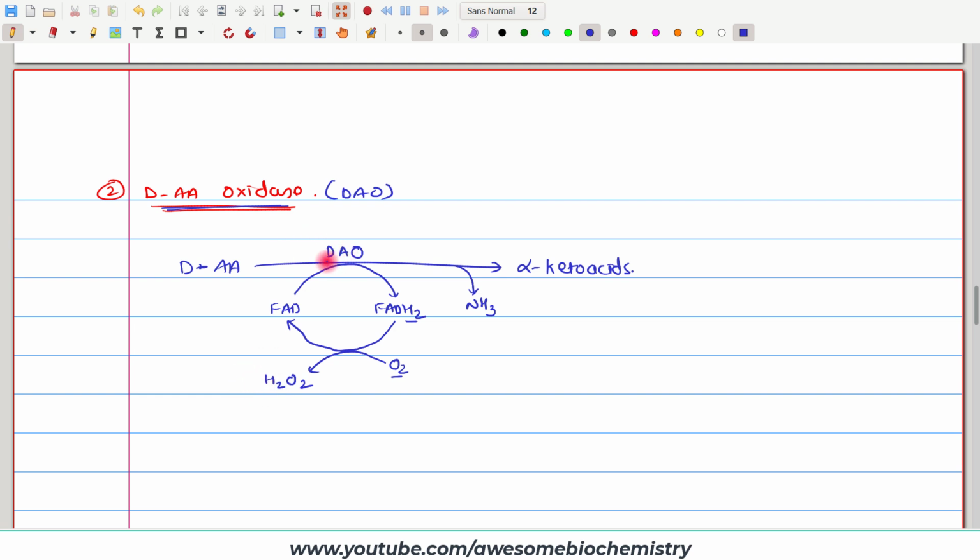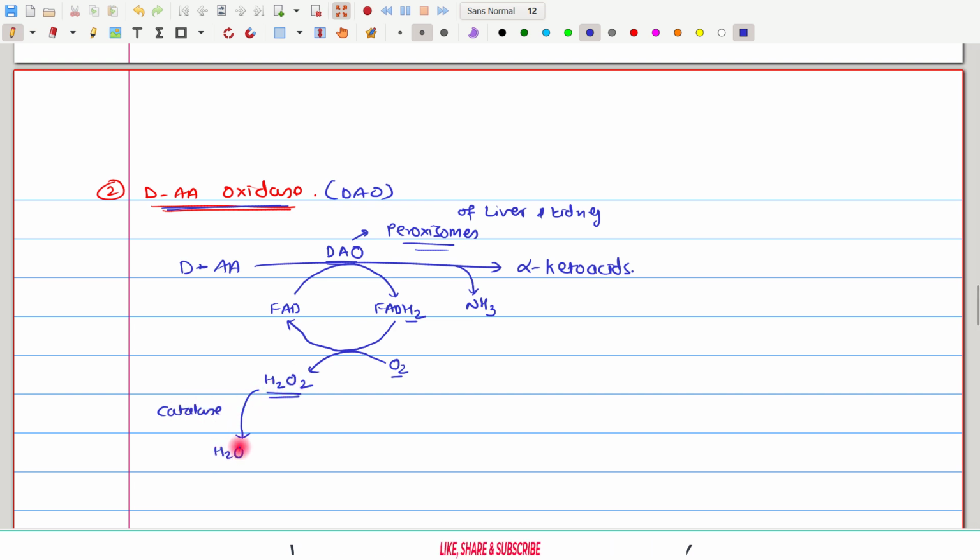But luckily, D amino acid oxidase is present in the peroxisomes, especially of liver and kidney. And in the peroxisome there is one more enzyme, catalase. Catalase breaks down this hydrogen peroxide into water and oxygen, and just to balance this reaction it is 1/2 oxygen molecule.